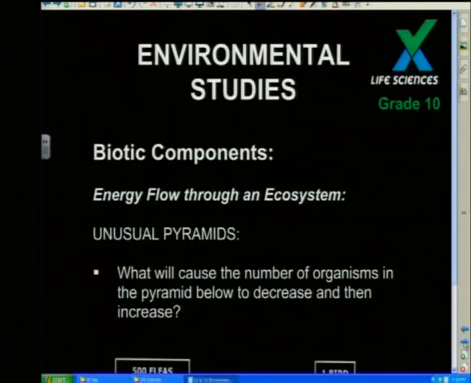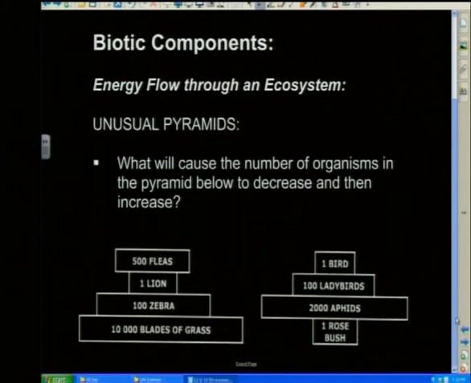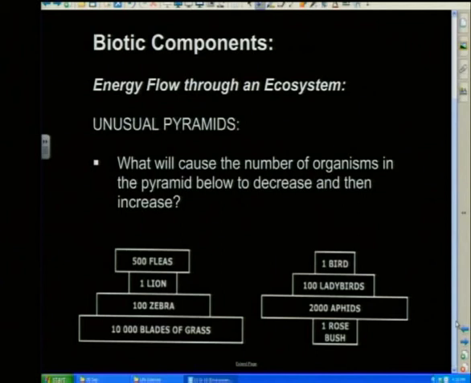Let's look at a few other examples of some unusual pyramids. Here we see two unusual pyramids again. Here we're talking of 10,000 blades of grass, 100 zebra, and on each zebra we've got much smaller fleas, and hence many of them will be found on a zebra, and these are parasites, and 500.